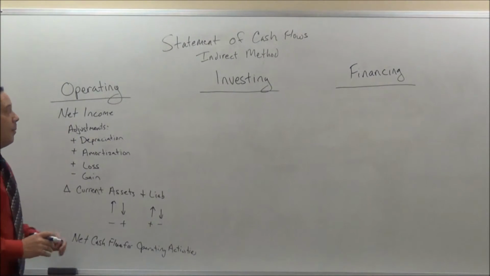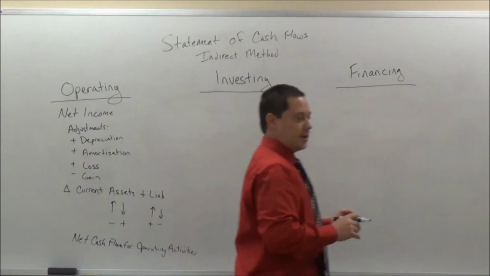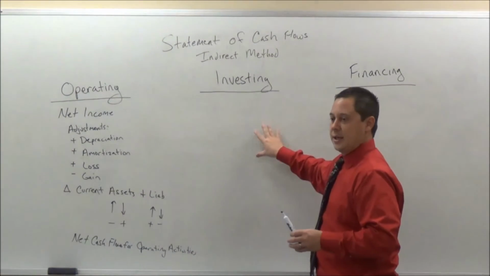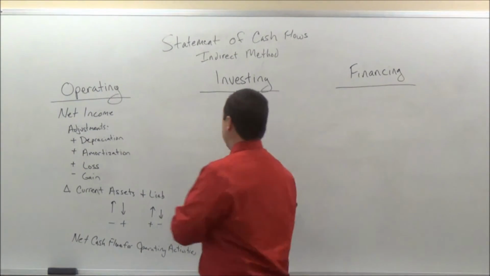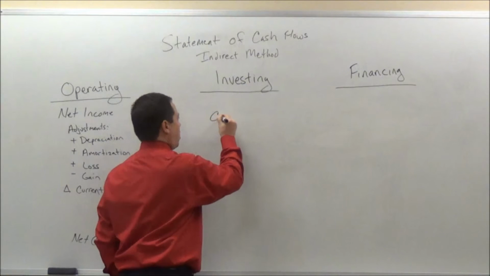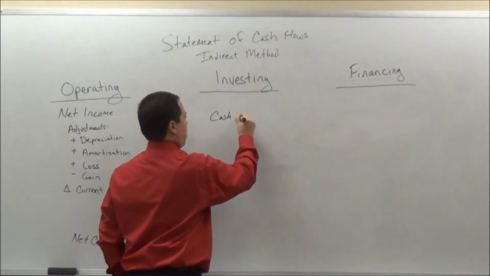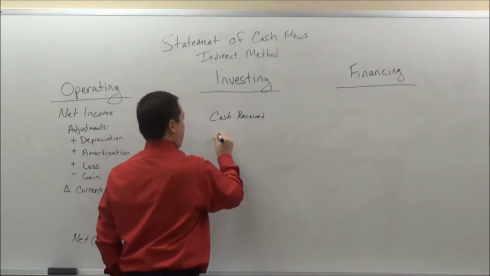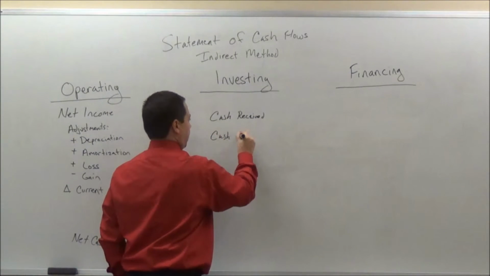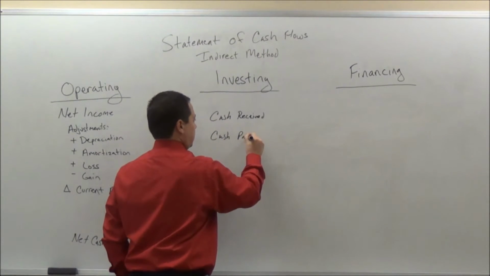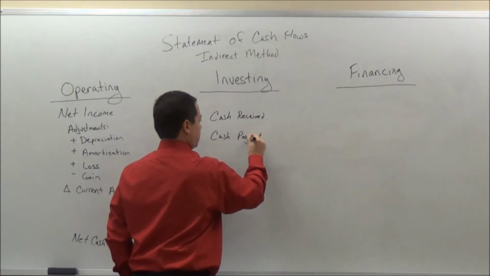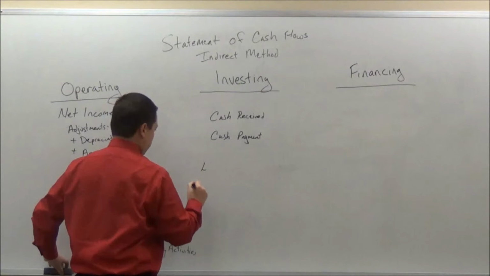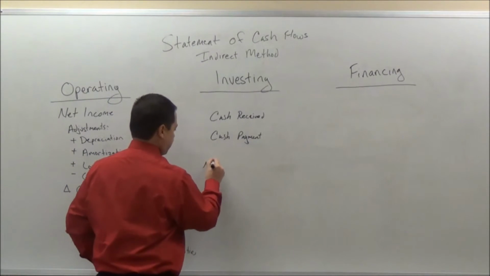All right, now moving on to the investing side here. As you take a look at the investing side, it's a little simpler. It basically is this. What is the cash that we receive from the sale of something? And the cash that we paid out on my investment side. Cash payments. And this is going to be a long-term, or let me actually write this as a non-current asset.